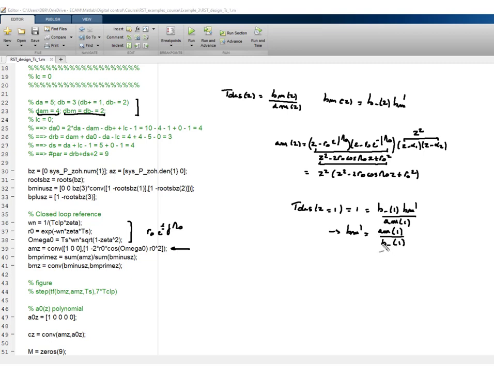You can simply implement that by this operation here. This one here evaluates the polynomial Am(z) in z equal to 1. Once you have Bm', you can compute Bm, and you're now ready to test the desired closed loop response, the reference model.